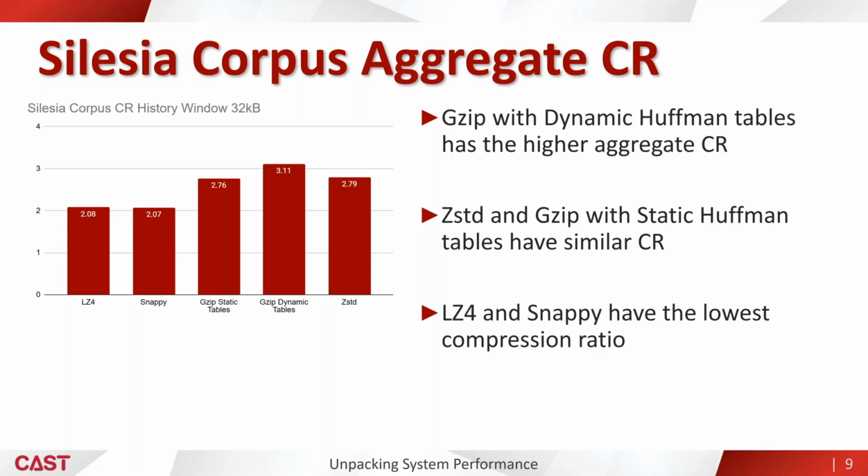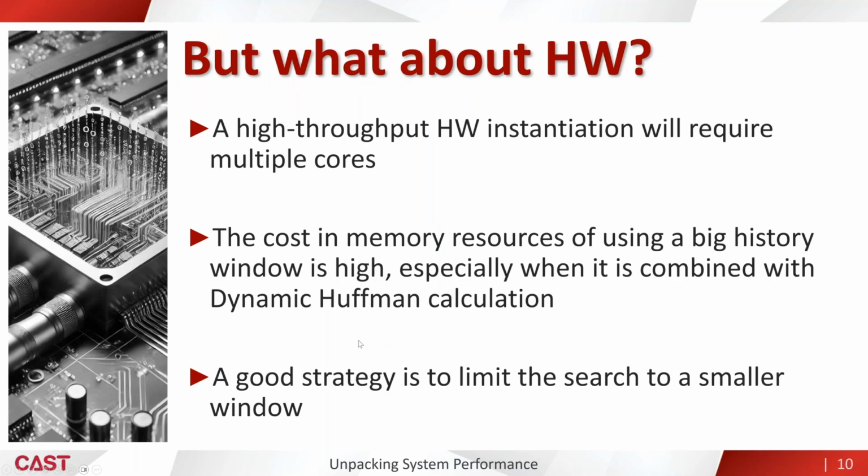As you can see here, GZIP comes with 2.76 and Zstd with 2.79. And LZ4 and Snappy have the lowest compression ratio, as was expected given their algorithms, which are pretty similar. As you can see, the difference is very small. It's 2.08 to 2.07.